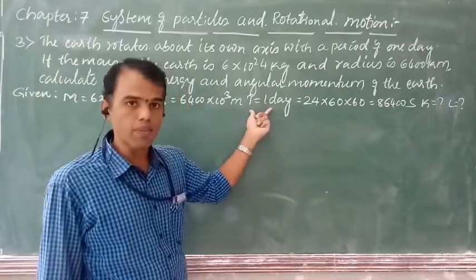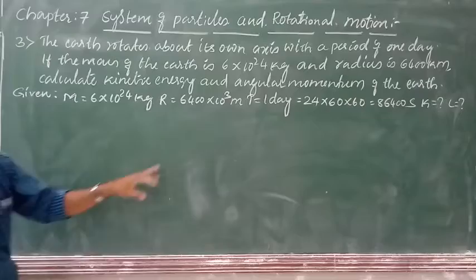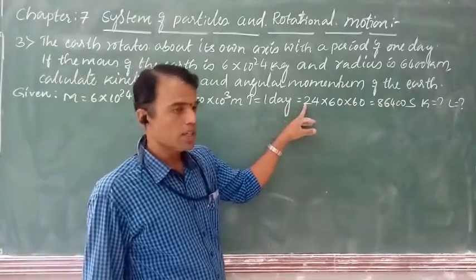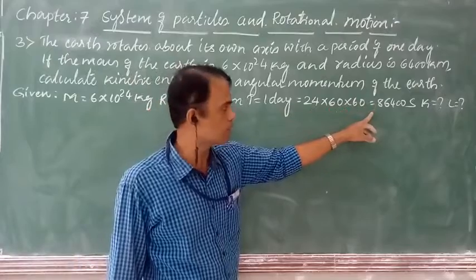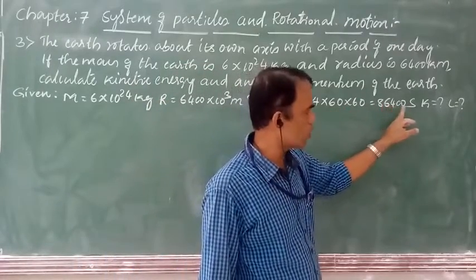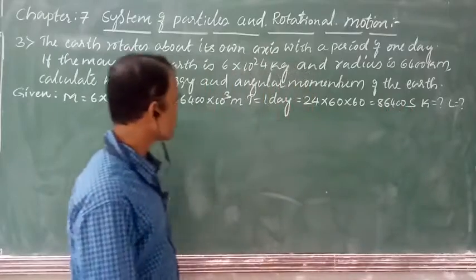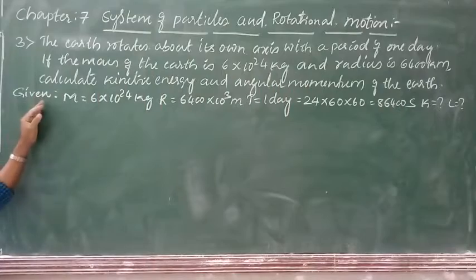And the time period in which the Earth rotates about its own axis is 1 day. 1 day is 24 hours × 60 minutes, and 1 minute is 60 seconds, so it comes up to be 86400 seconds.